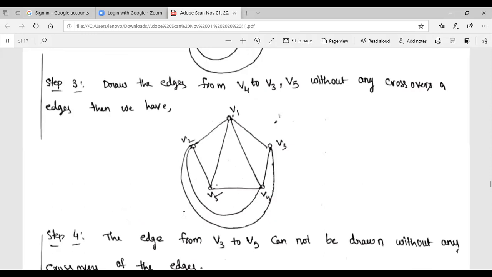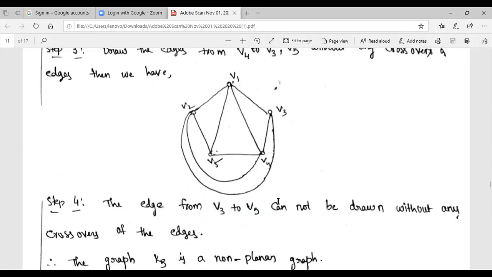In the fourth step, the edge from V3 to V5 cannot be drawn without any crossovers of the edges. If we draw an edge from here to here, it will cross over this edge, the V1 to V4 edge. And if we draw from here to here, it crosses over these two edges.